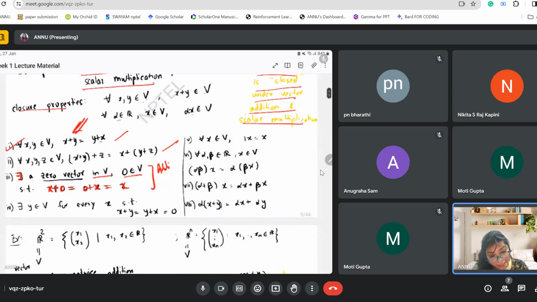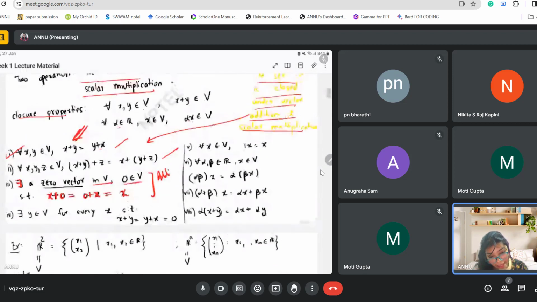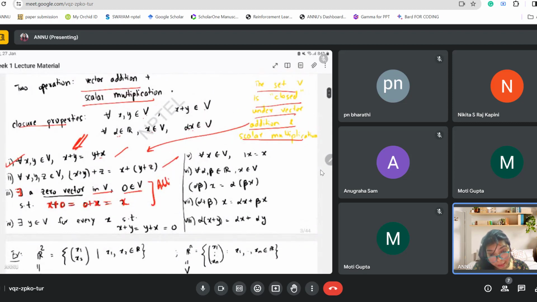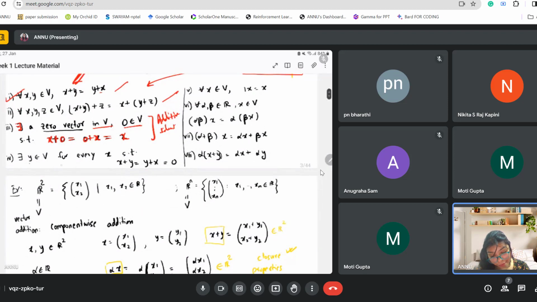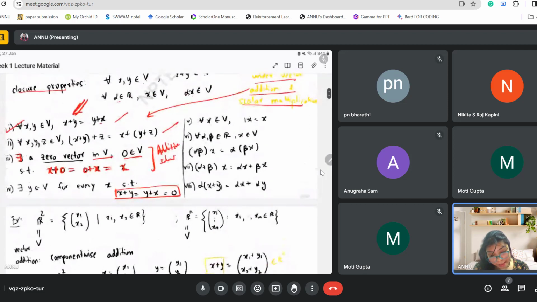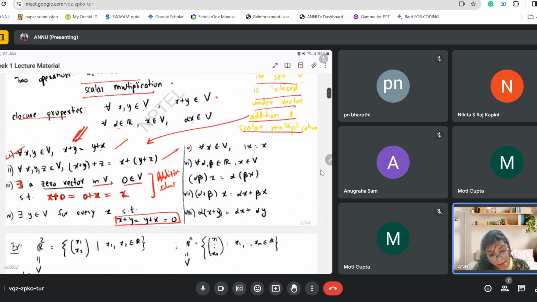It comes from this particular thing, and from the property of fields. And there exists y for every x such that x plus y is 0. It means if you have x in vector space V, then you should have minus x also in V, so that x plus minus x is equal to 0.